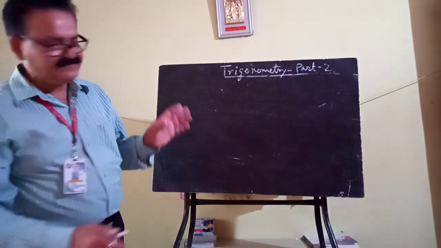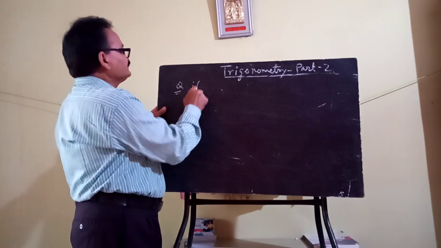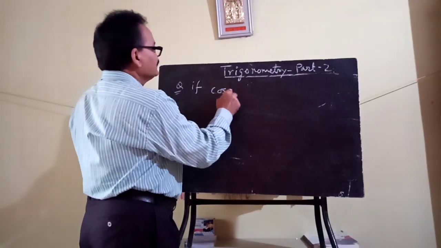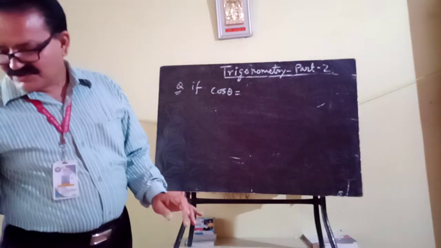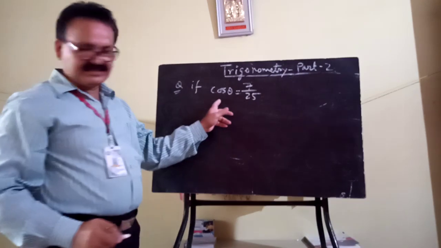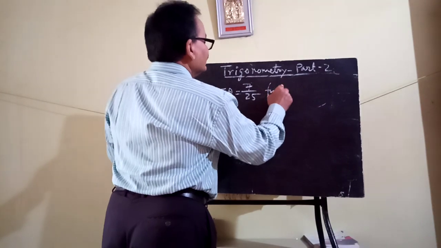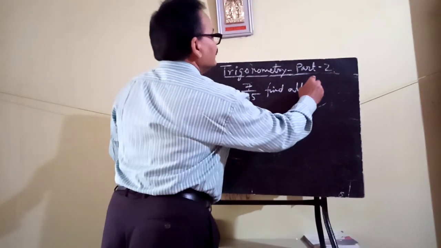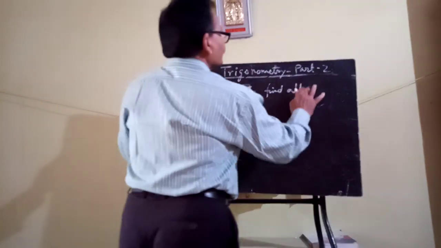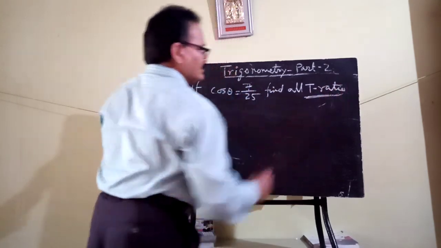Suppose in your question, if cos theta equals 7 by 25, find all T ratios. T ratio means trigonometrical ratio.